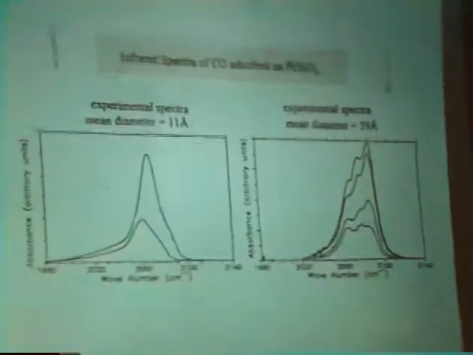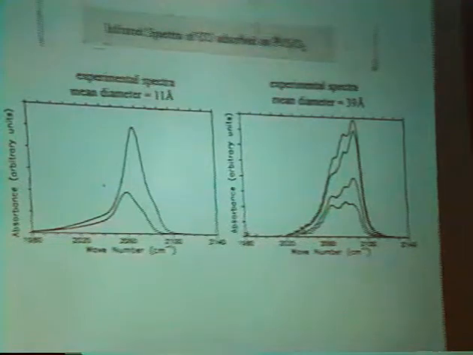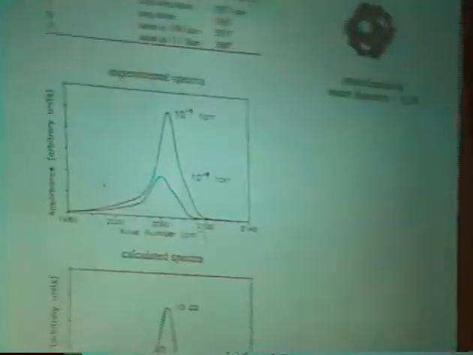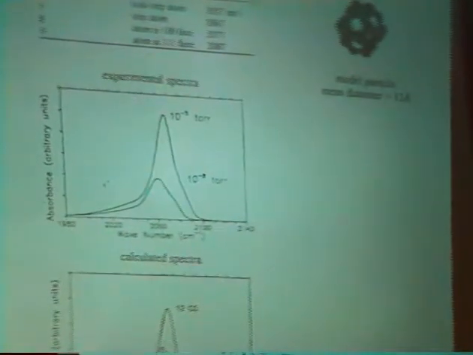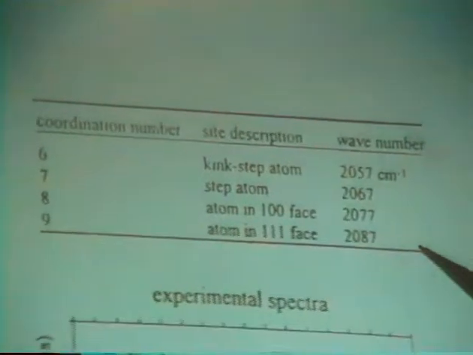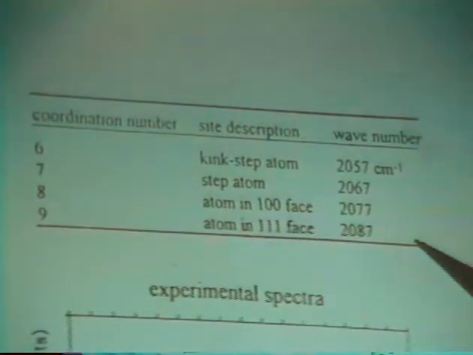First, let me try to see if we can make some sense out of the spectrum for the smaller particle. Now here, I have a table up here in which I show the wave number of an isolated adsorbed molecule. And I want to emphasize this.